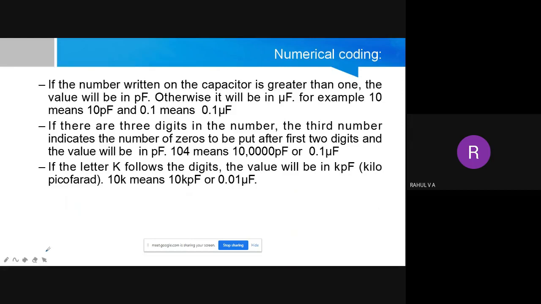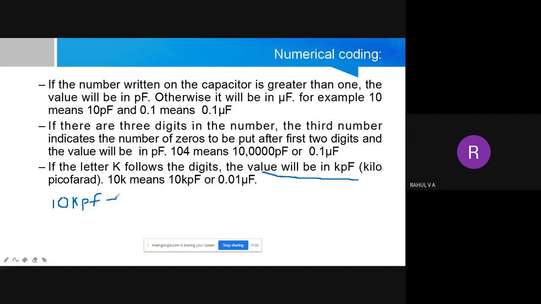Now let us discuss the third point. If the letter K follows the digit, the value will be in kilo picofarad. Suppose the value printed on the capacitor is 10K. That means that much kilo picofarad.